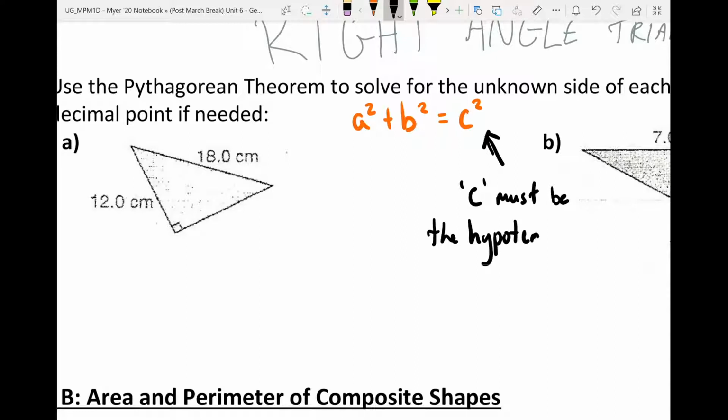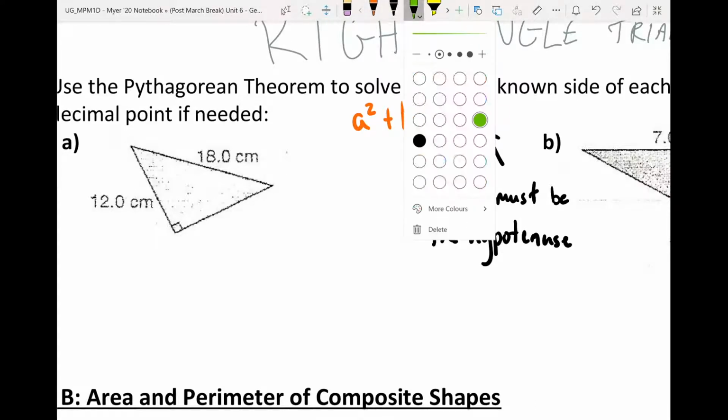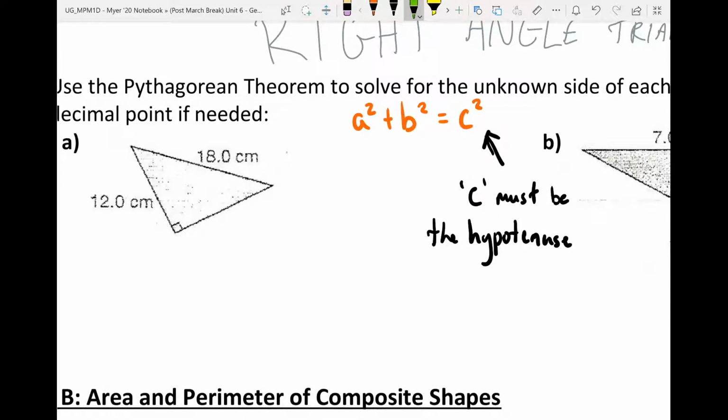It has to be the hypotenuse every time. Alright, so if we take our formula and solve for this one here, in this case C is going to be our longest side, which is 18, and then A and B, it doesn't really matter. So in this case we're solving for B.